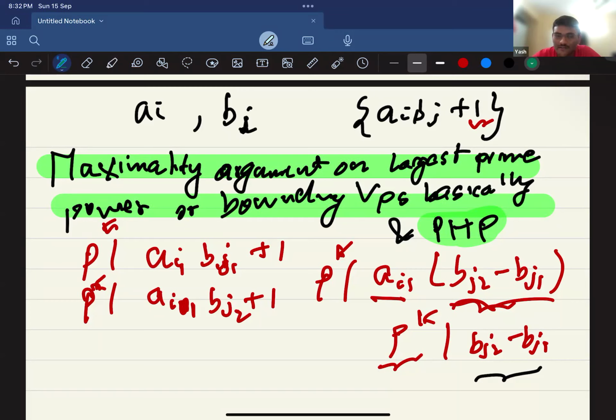Do you guys need more hints? Just read the heading again.